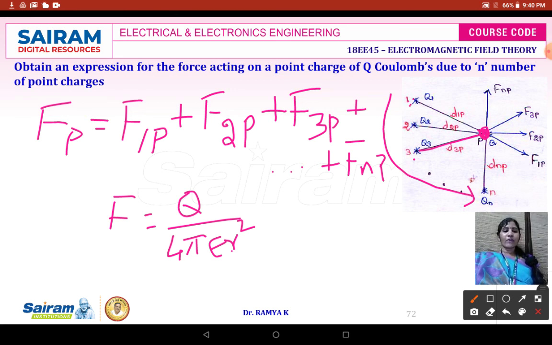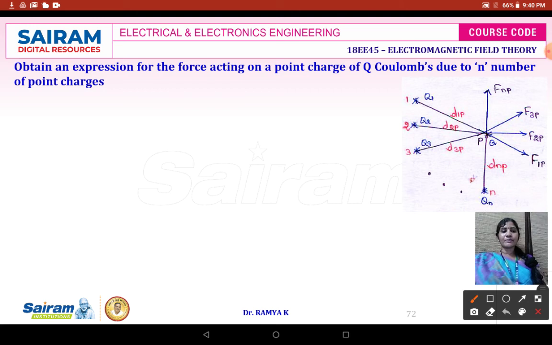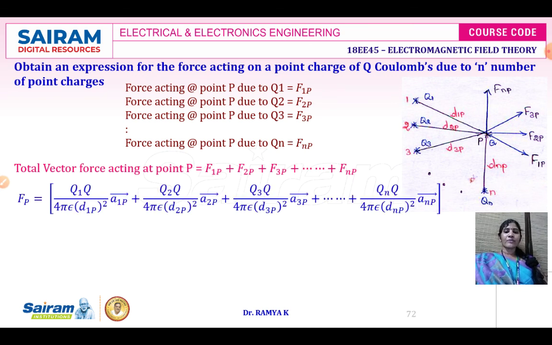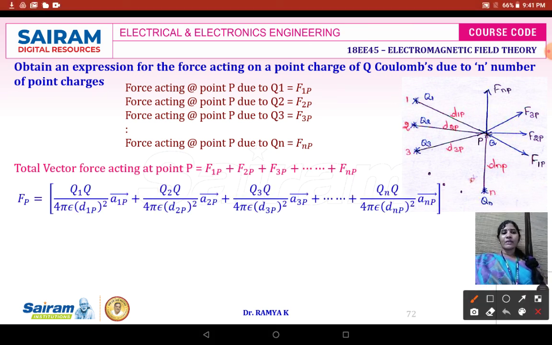So here for F1p, the charge available at point 1 is Q1, and the charge available at point P is Q. So Q1 into Q divided by 4 pi epsilon, which is a constant, d1p square. d1p is nothing but the distance between the point charge 1 and point P, and the unit vector will be in the direction from 1 to P.